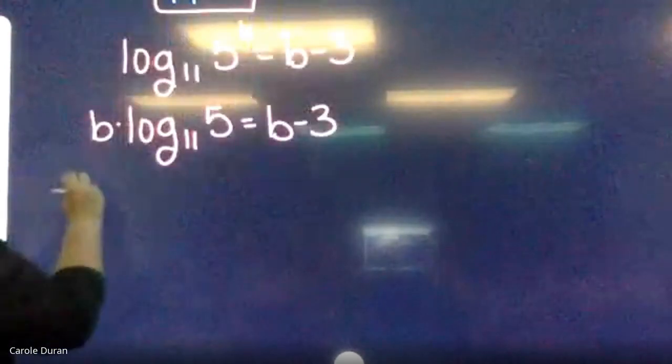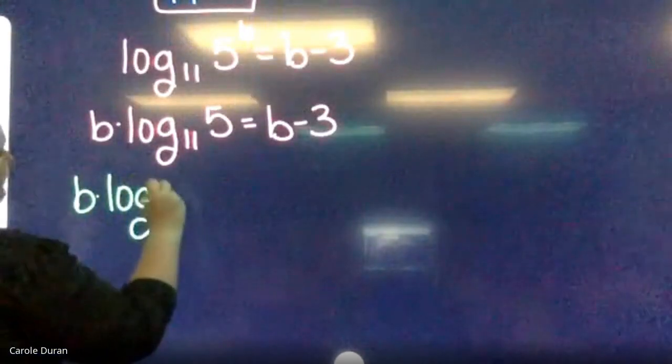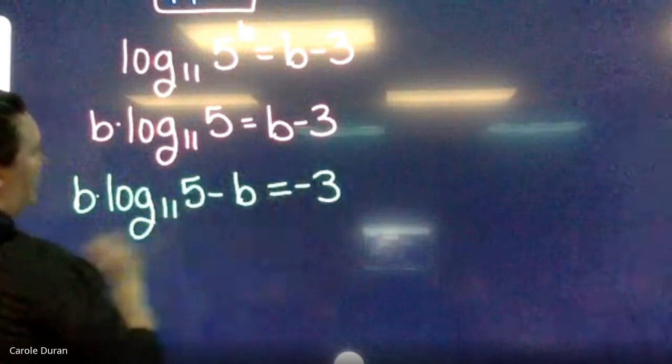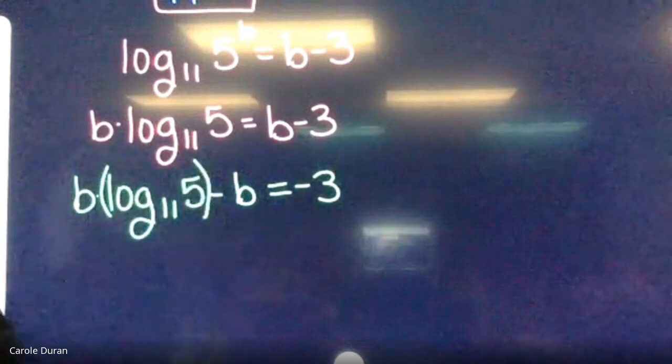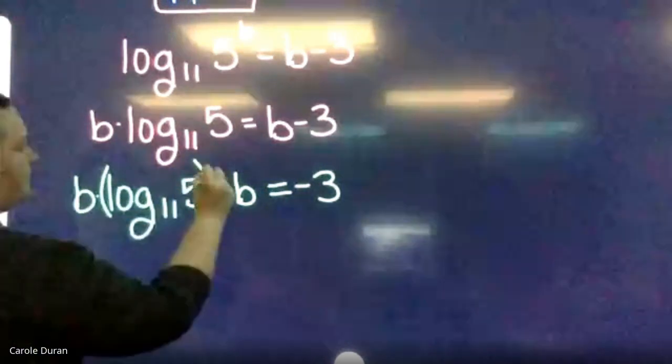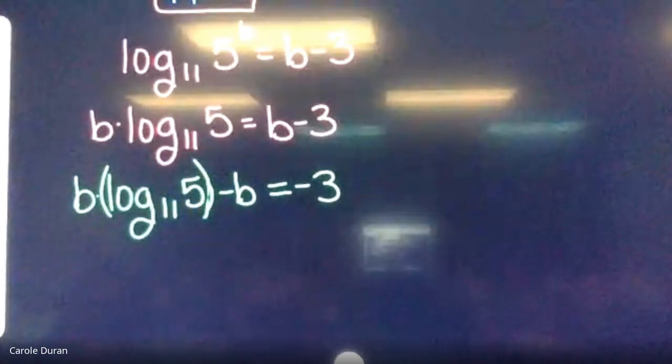So when I do that, I get b times log base 11 of 5 minus b equals negative 3. I'm going to put this in parentheses so the minus b does not get confused as part of the 5. I've moved the b to get all my b's on the same side of the equal sign, because I need to find a way to turn 2 b's into 1.